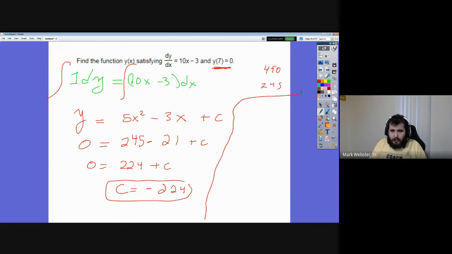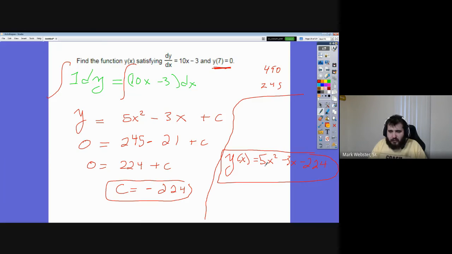And so my final answer, and I'm going to write it the way that I'm sure they would want to see it, y of x equals 5x squared minus 3x minus 224. And you can check.